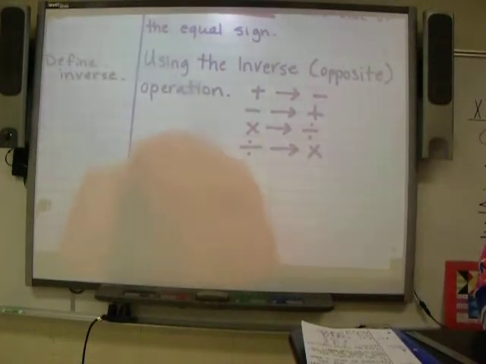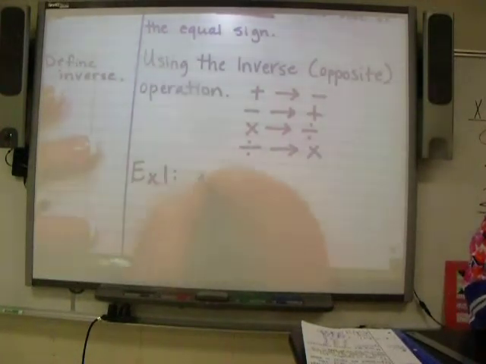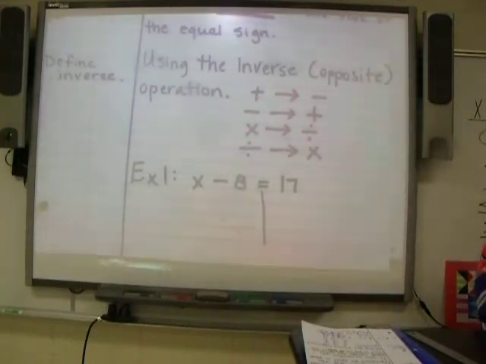Example 1. x minus 8 is equal to 17. Now, you need to look at an equation like a balance, where the equal sign is the middle of the balance.